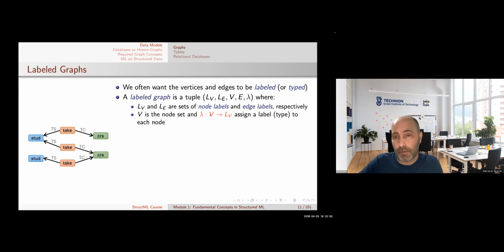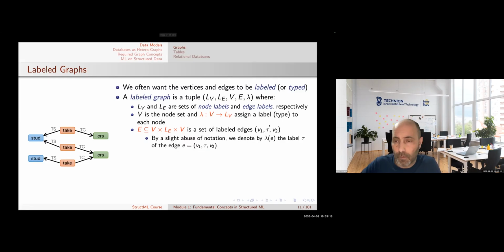Lambda maps every node into a node label. And E is defined a little differently. E is now not a collection of pairs, but rather a collection of triples: the source node V1, the edge label tau, and the target node V2. We might write lambda of E when we want to refer to this label tau.